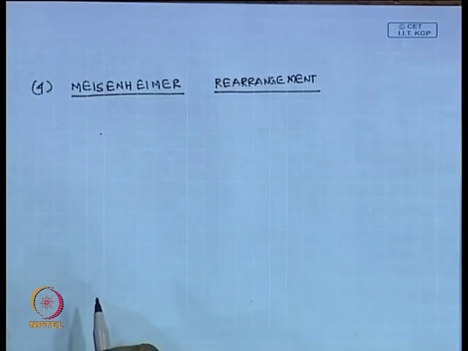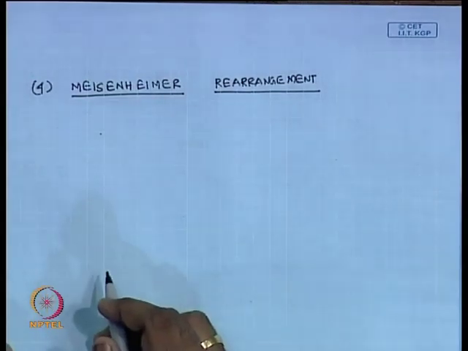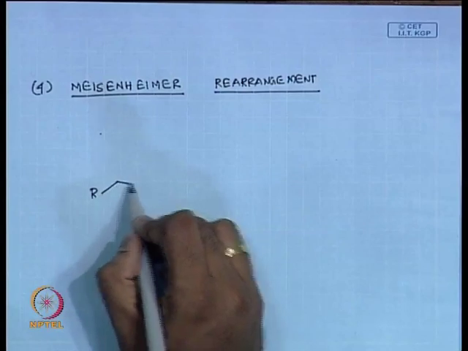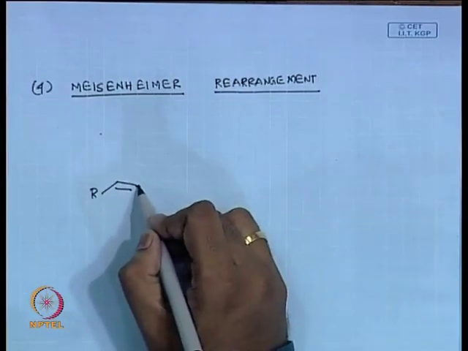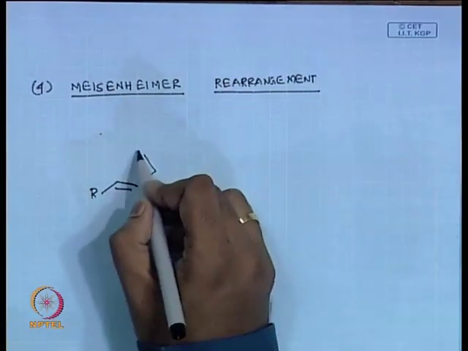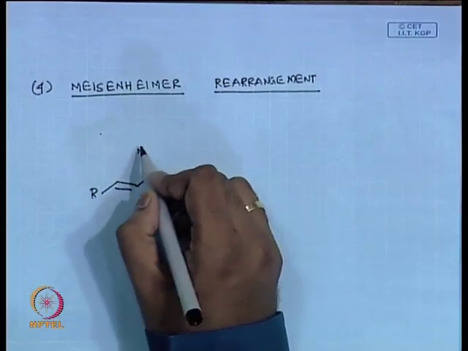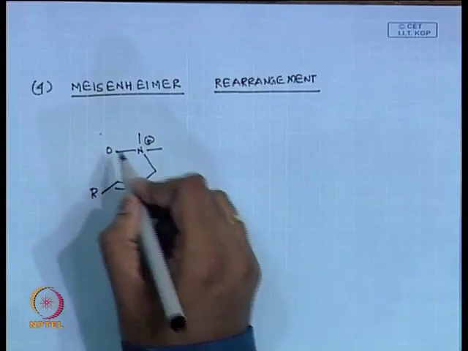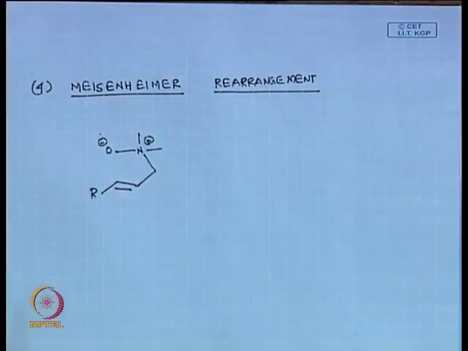Meisenheimer rearrangement. It is again an allylic one, but in this case you take N oxides. Even with S oxides you can do it.